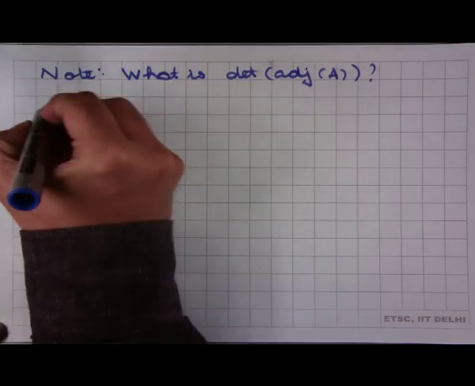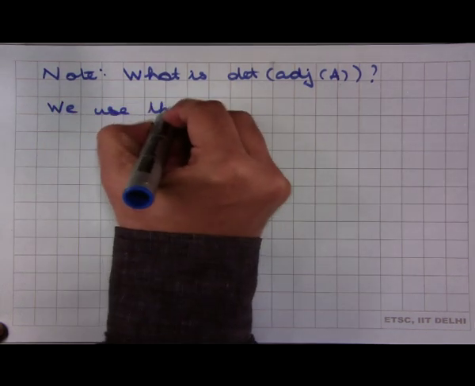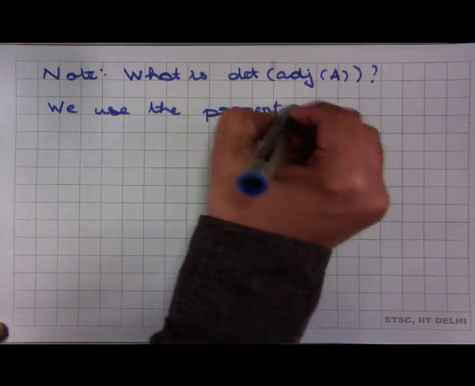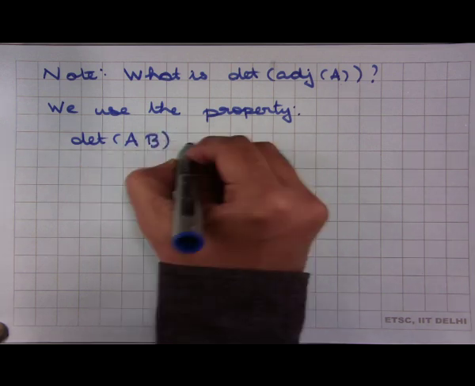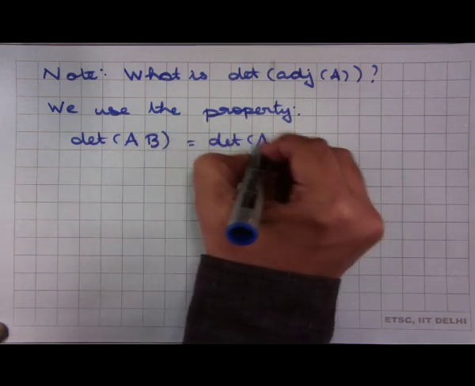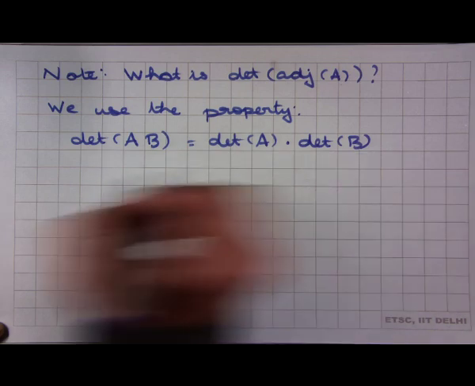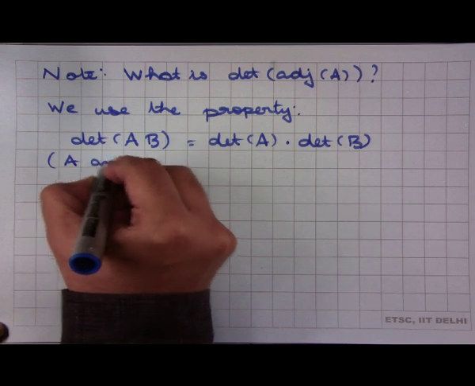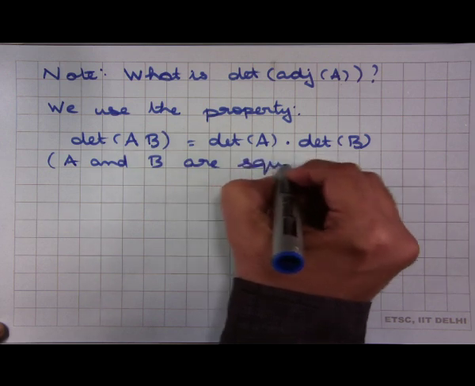The property that we use is that determinant of A into B is equal to determinant of A times determinant of B, right, where A and B are square matrices.